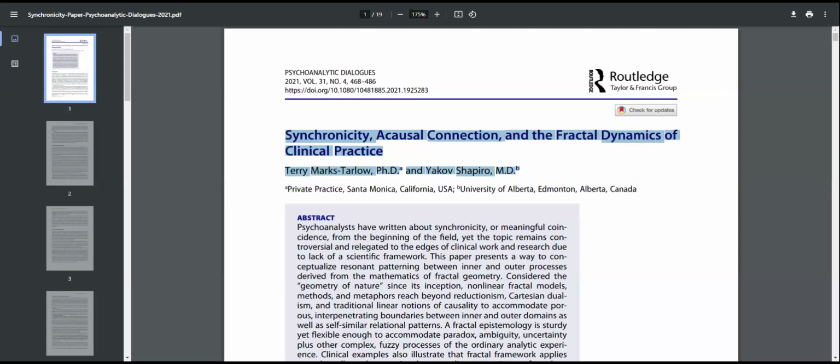Very important, both separating and uniting these domains. And that is indeed paradoxical.